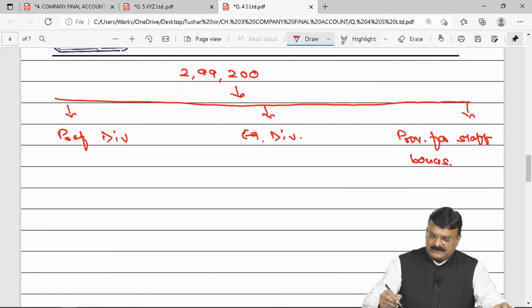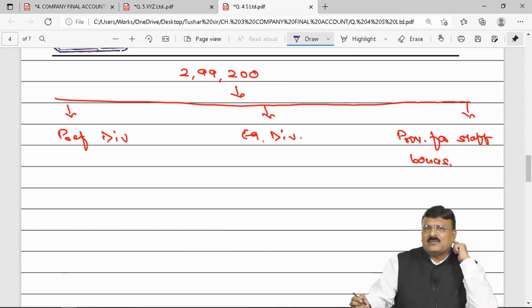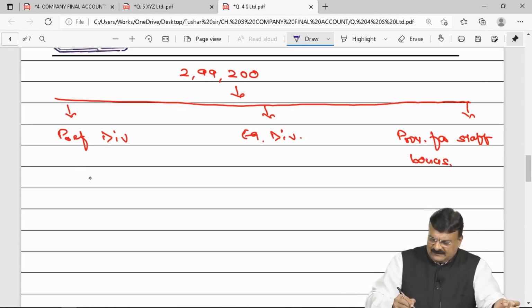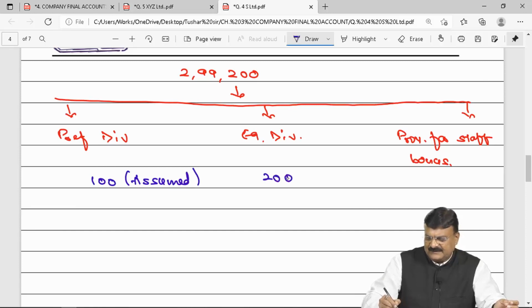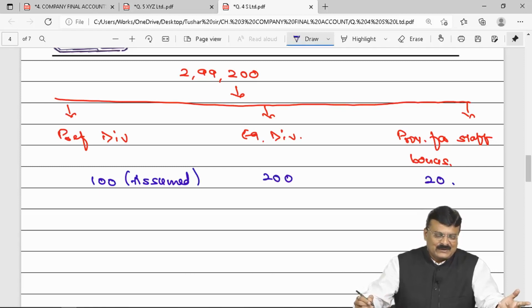Okay, come on, look at the calculation part. You can assume anything, preference and equity, 1/3 and 2/3, 1:2. Let this preference be 100, assumed. So equity has to be 200, and staff bonus will be 10% of 200, so that will be 20, right?